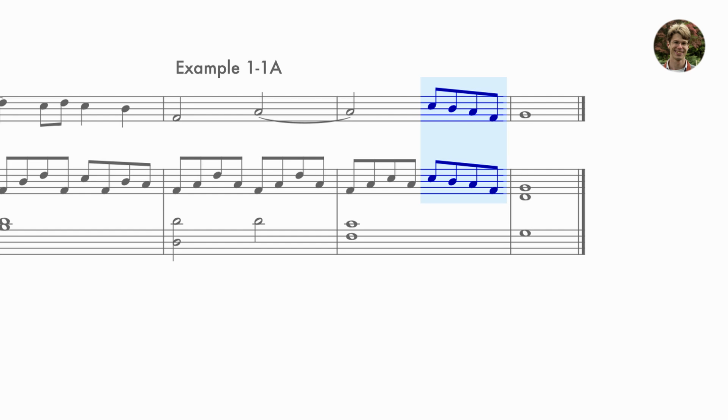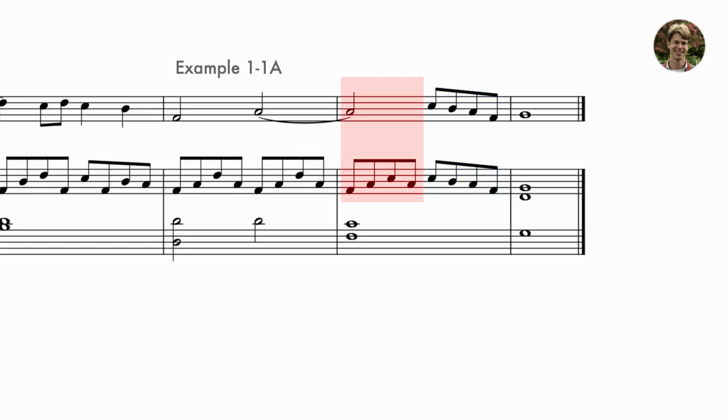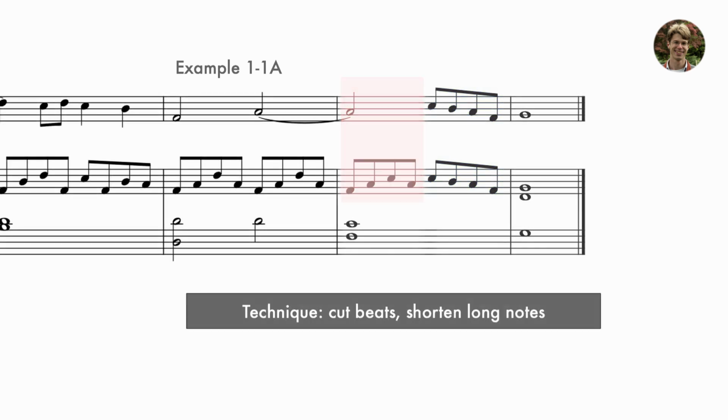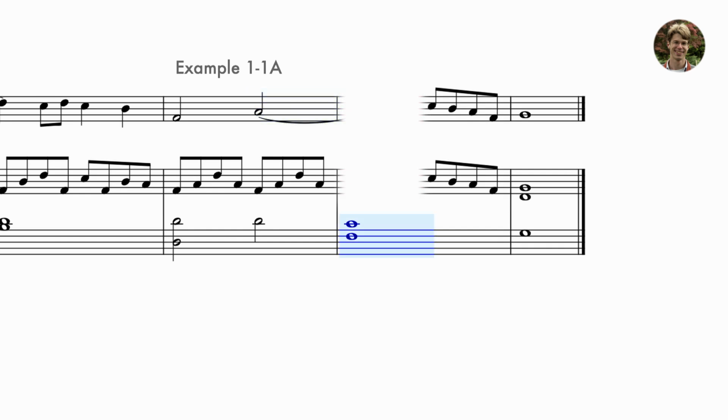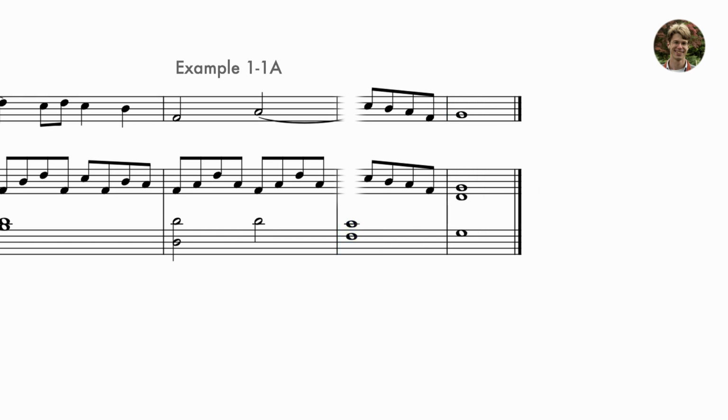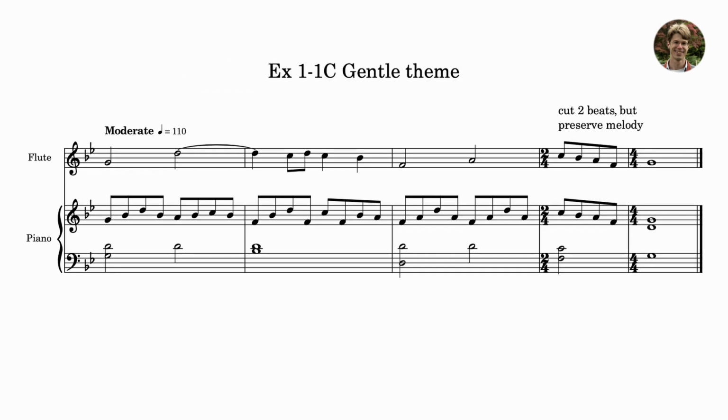So maybe instead of cutting the last half of the measure, what if we cut 2 beats from the first half of the measure? So effectively, we'll shorten this long A. We'll maintain the piano chord in the bass and then play this melodic figure with piano and flute. That brings us to example 11c. Here's what that sounds like.